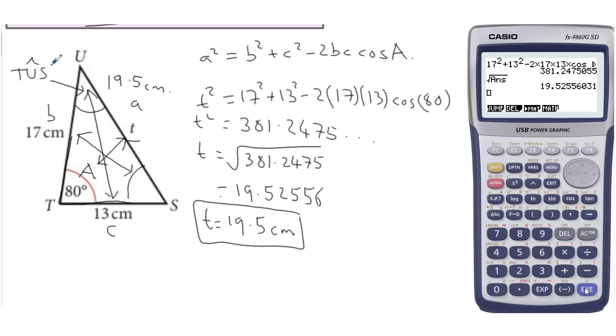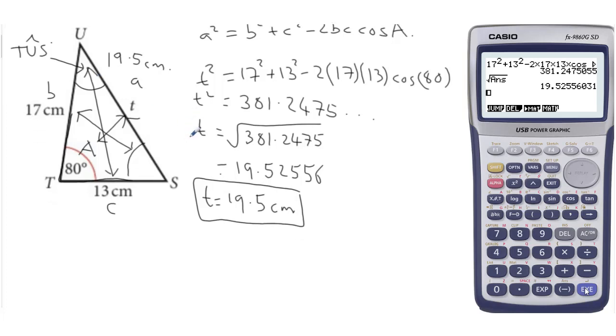Okay, so for the sine rule, you're going to do sine A over A equals sine B over B, or basically sine of an angle over the side opposite equals sine of another angle over its side opposite. So I'm going to put sine TUS, or I probably could have called it U, but it's a bit late now. Sine TUS over the opposite side, which is 13, equals, and so we're going to have to use the only other pair we have that does involve this 19.5.